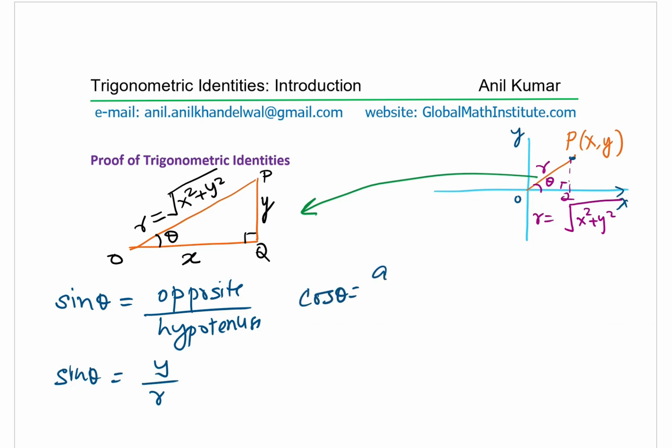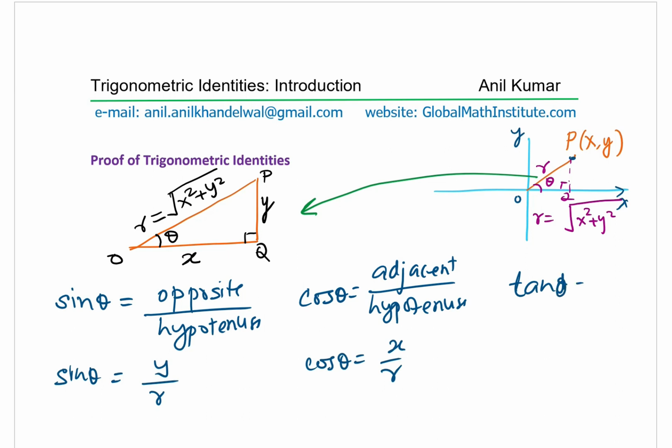Cos theta is the ratio of adjacent side to hypotenuse, so cos theta can be written as x over r. As far as tan theta is concerned, it is the ratio of opposite side to adjacent side, so tan theta can be written as y over x.